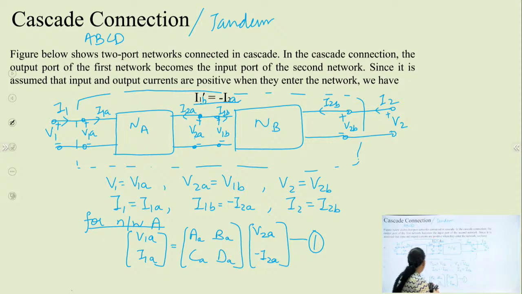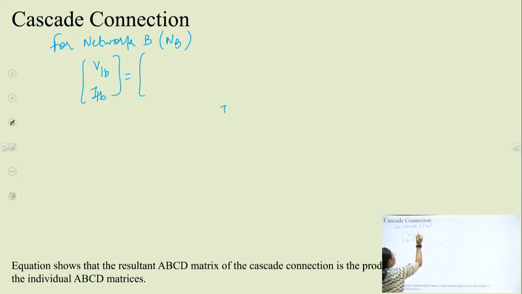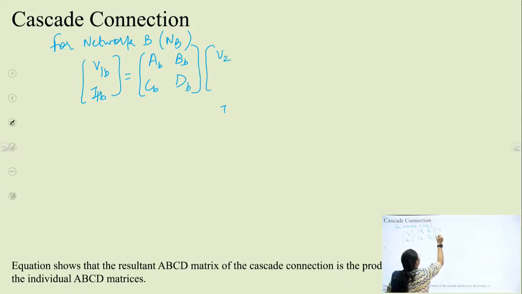Now matrix 2 लिख लेते हैं for network B. For network B हम लिख लेंगे V1, I1, तो हम यहाँ पे suffix B यूज कर रहे हैं, is a function of AB, CB and DB, V2, minus I2, okay.